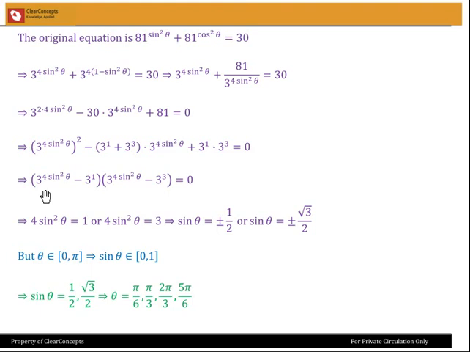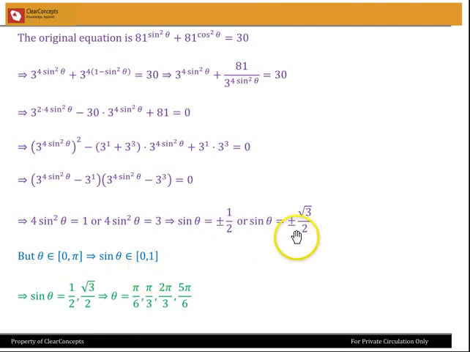Which then leads us to conclude that 4 sine square theta must be equal to 1, or 4 sine square theta is equal to 3, which leads us then further to say that sine theta must be plus or minus half, or sine theta is equal to plus or minus root 3 by 2. But in the interval we are given, where theta is between 0 and pi, that is the first and second quadrant, sine theta is positive, so it lies between 0 and 1, which means I have to discard the negative values.